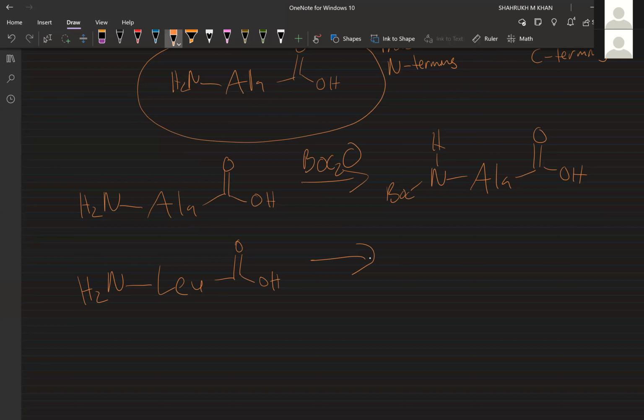Yeah, there's a couple you could choose from. But basically, think about it this way: what you're doing is turning the carboxylic acid into an ester. That's how you're essentially protecting it, by decreasing its reactivity. So you could choose anything.